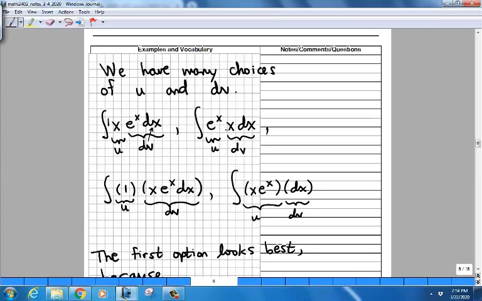You have a coefficient of 1 here that's kind of invisible, right? Or your other option is to let u be x times e to the x, and then let dv just be the dx. Remember, dv always is going to include dx. All right, so lots of options here for the u and the dv.